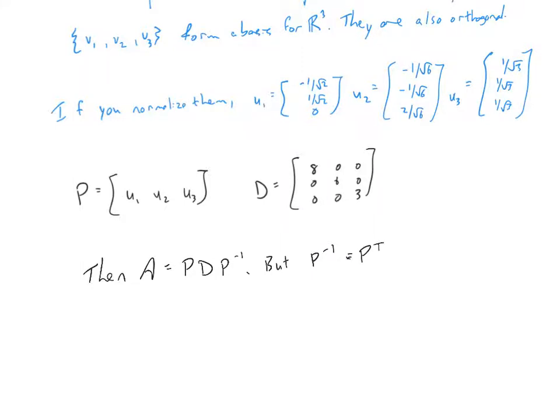P inverse is equal to P transpose, and that is because P is square and it has orthonormal columns, so P is an orthogonal matrix. P inverse is the same as P transpose.